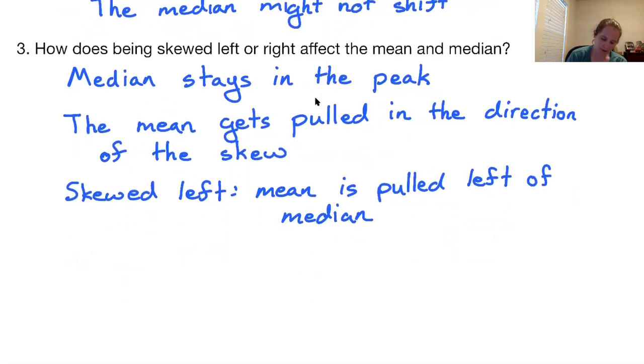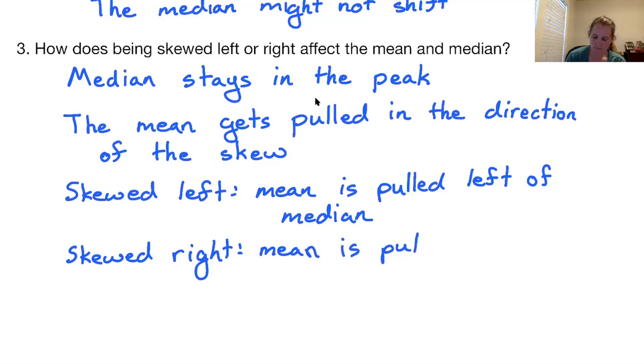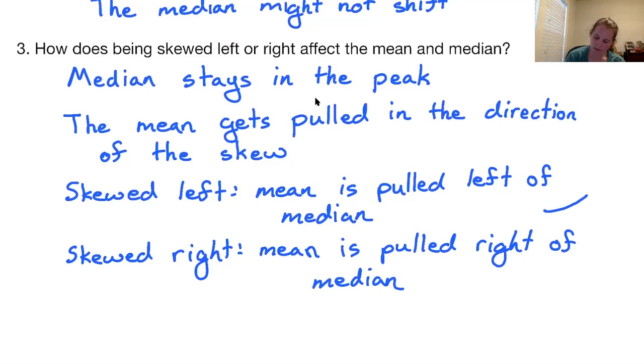If we have skewed right, the mean is pulled right of the median. Again, just a reminder, skewed left, we have the long tail with a peak on the right. Skewed right, the peak is on the left, the long tail is on the right. The skew goes in the direction of the tail.